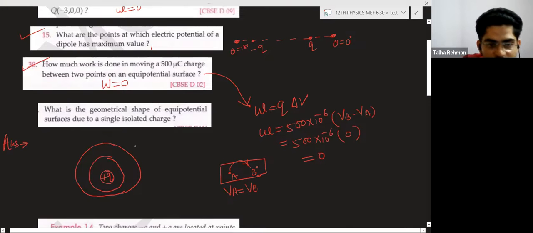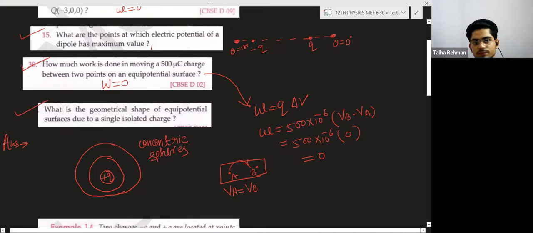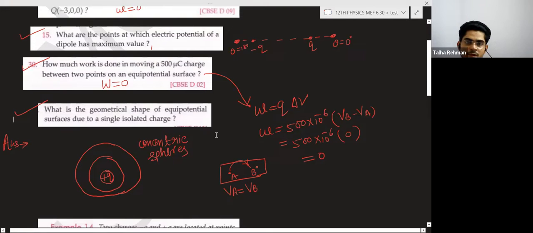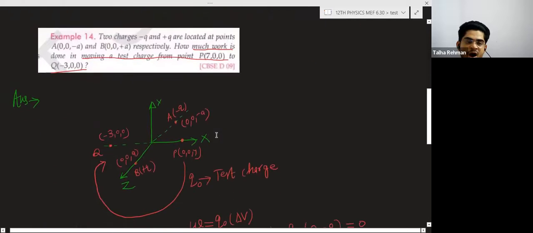So we can say concentric spheres, and we should also draw the diagram in the examination. This is the answer of this question.